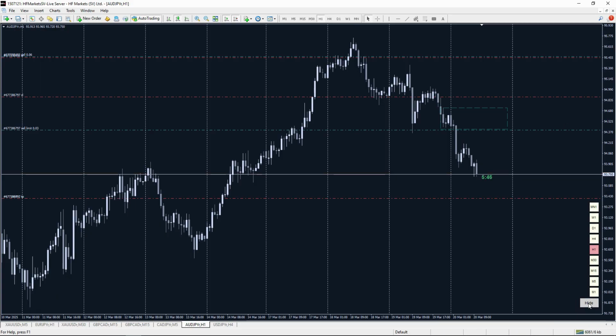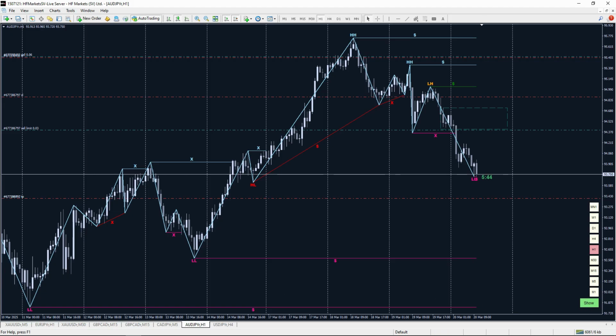If I click on the show button, you can see it's showing the spots where the current liquidity is. Most importantly, it's showing only the valid higher high and lower high levels.